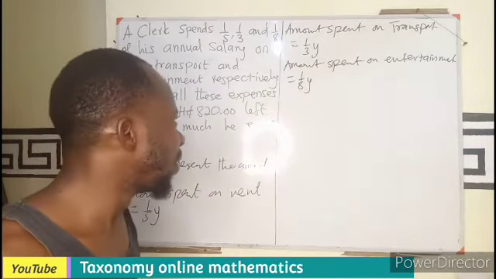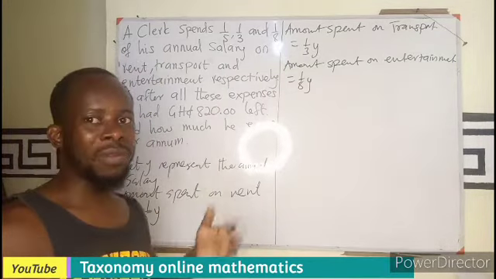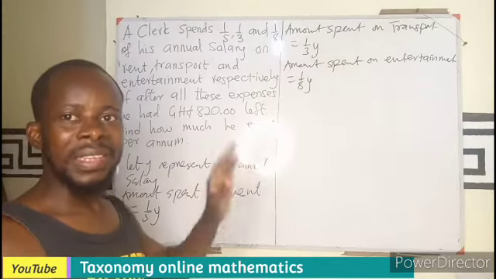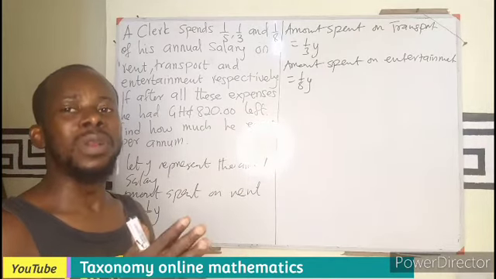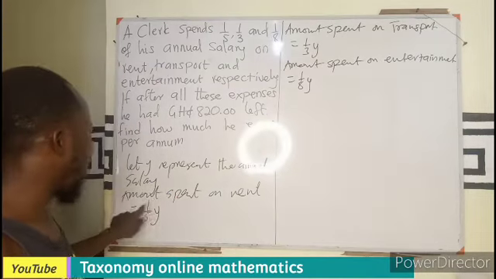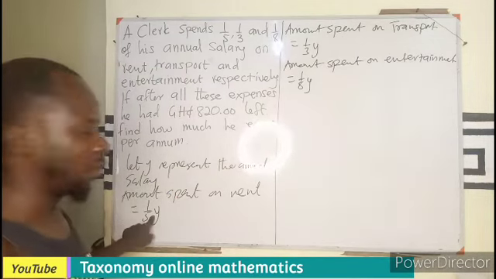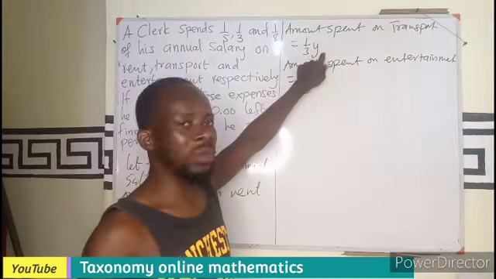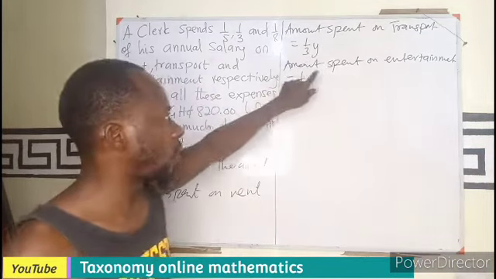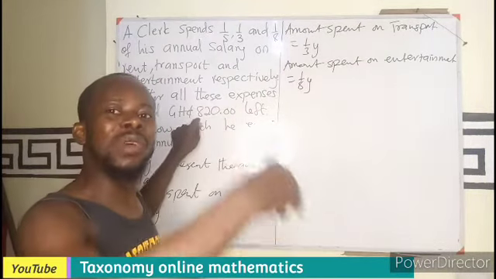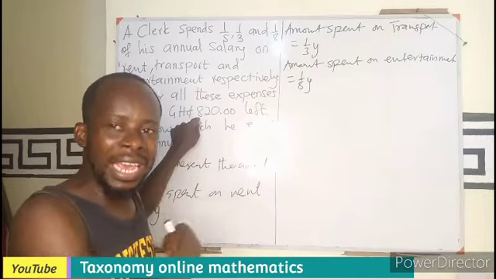Now, the next aspect of the question says that after all these expenses, he still has an amount of 820. It means that if I add the amount spent on rent, which is 1/5 y, the amount spent on transport, and the amount on entertainment, plus the remaining, I should get what he earned in a month.